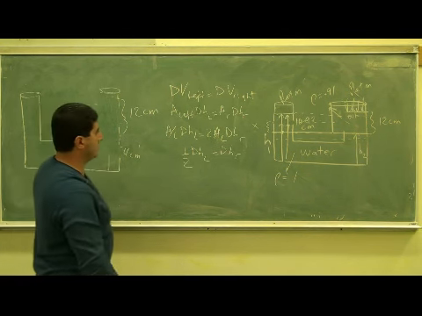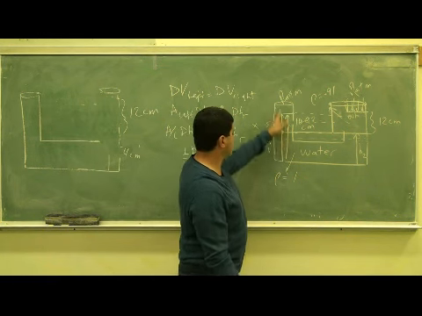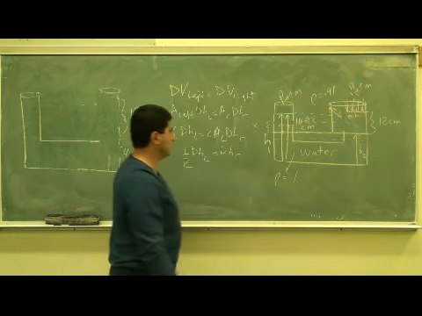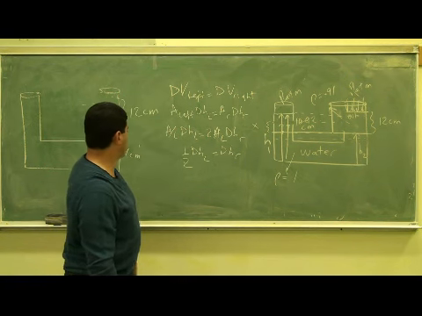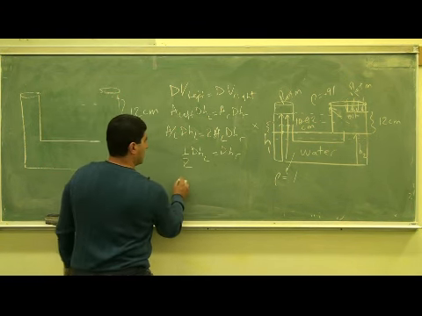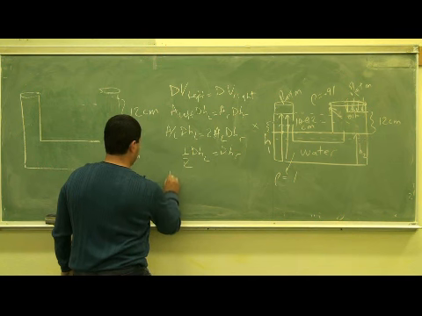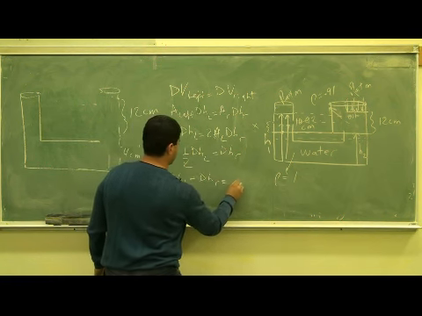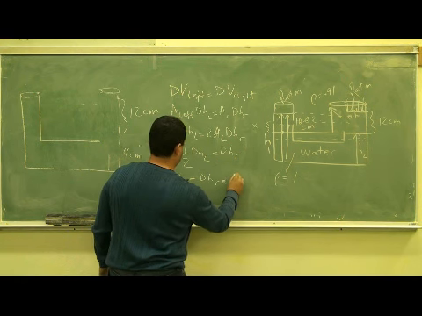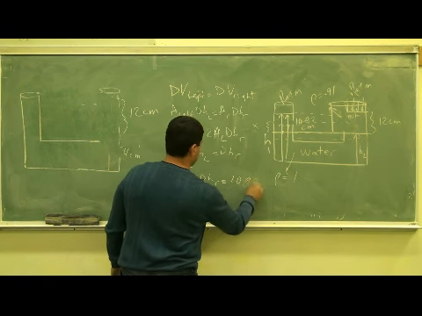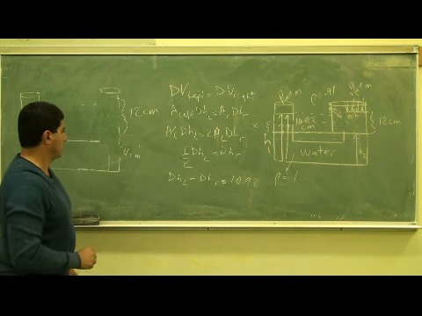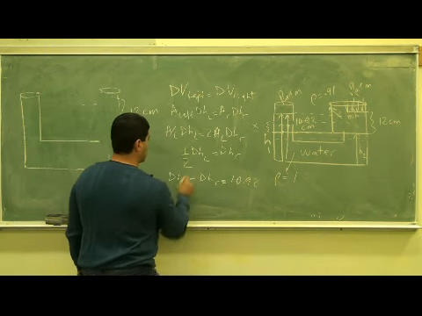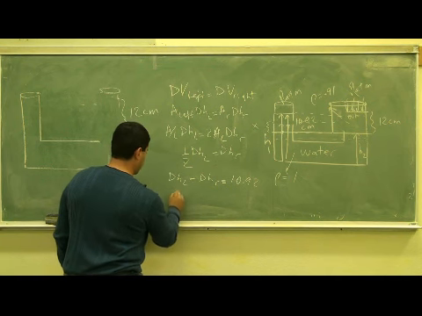So the difference of the heights here is 10.92. So delta H left plus delta H right is equal to 10.92. You could say here delta H right is half of delta H left.